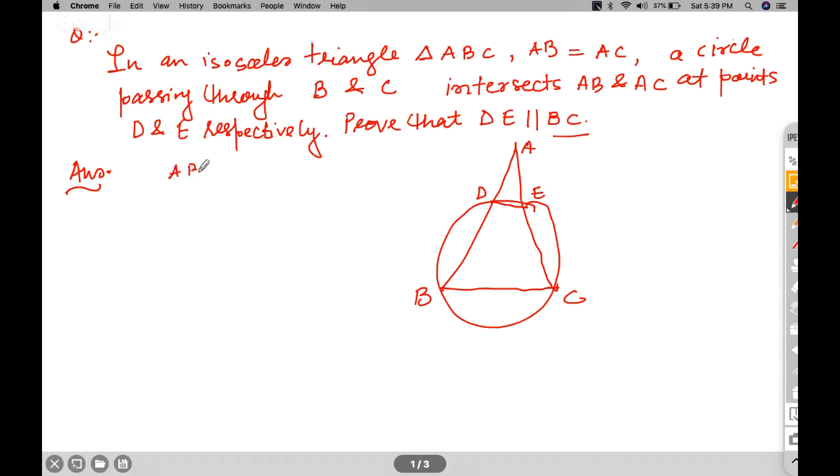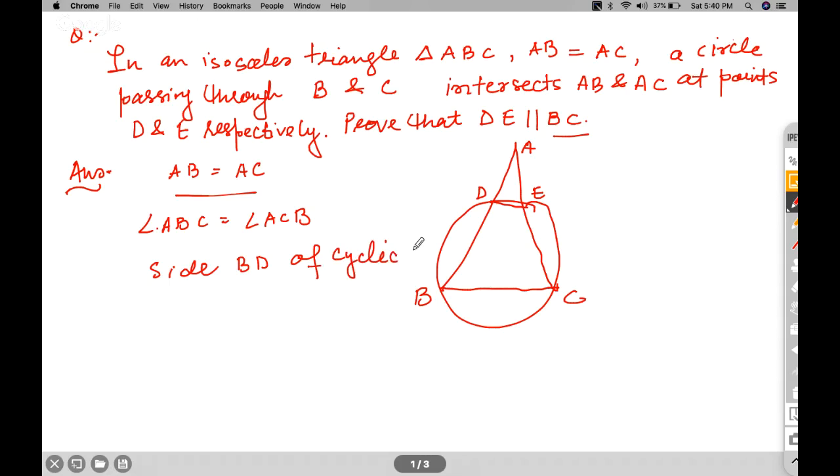So I know that AB is equal to AC, and then angle ABC is equal to angle ACB. Now side BD of the cyclic quadrilateral is produced to meet at A.